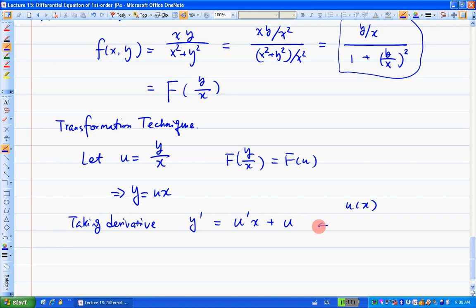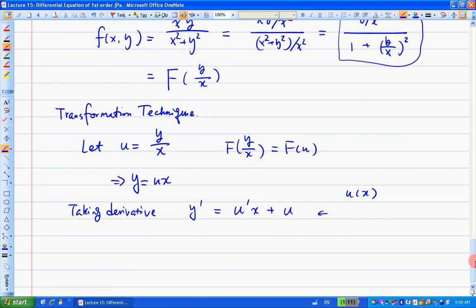This step results directly from our substitution here. The derivative of x over x is 1. So this results directly from this transformation, from this type of substitution. Don't forget what we already have here: we were given y prime equal to f(x, y).